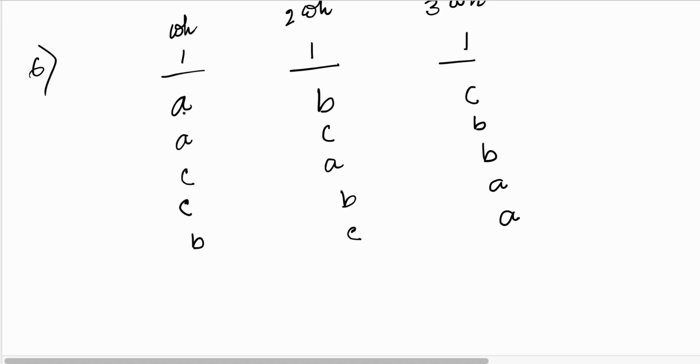So there is A, B, C. If I interchange B and C, ACB will be there. If I interchange A and B, BAC will be there. If I interchange A and C, we get CBA.